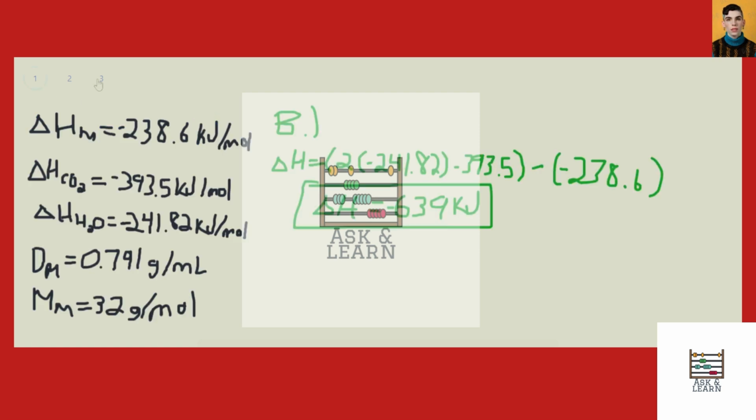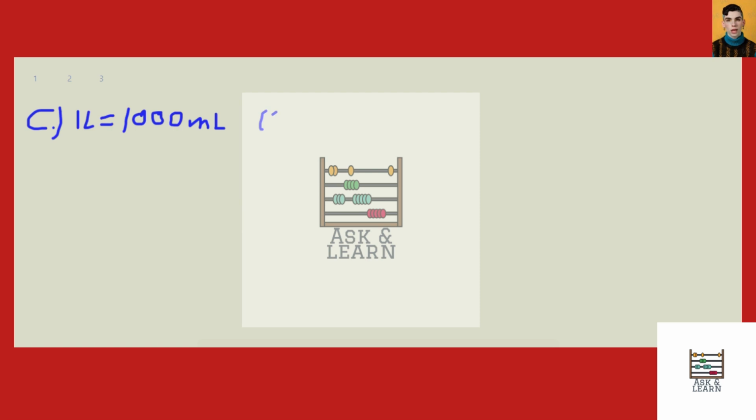The density of methanol is 0.791, so that means we have 791 grams of methanol in a liter.